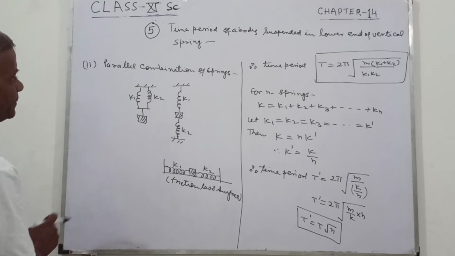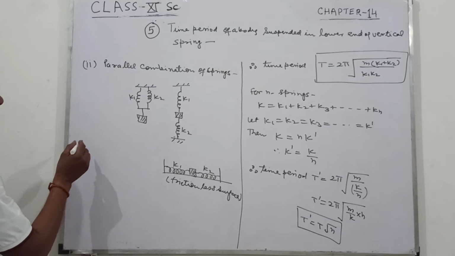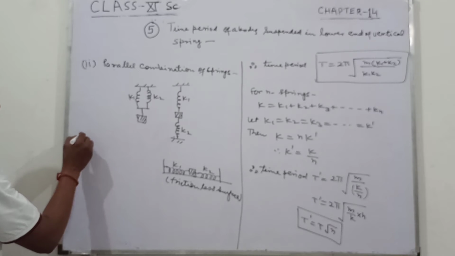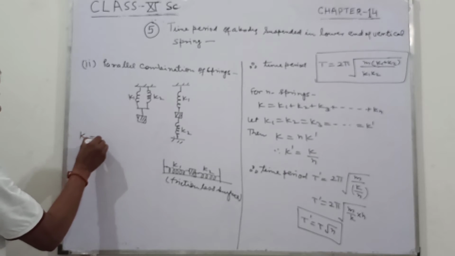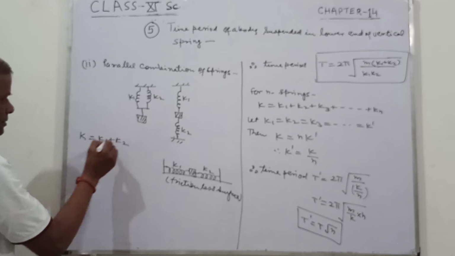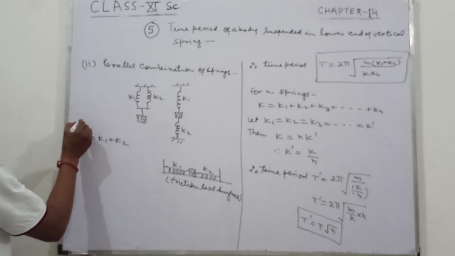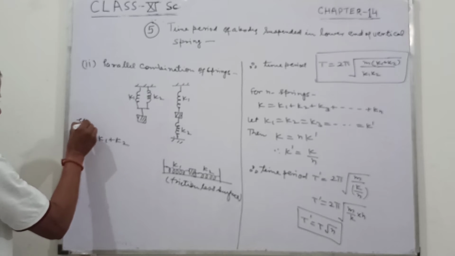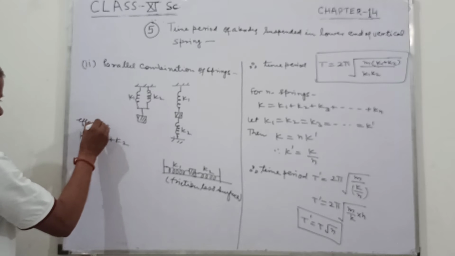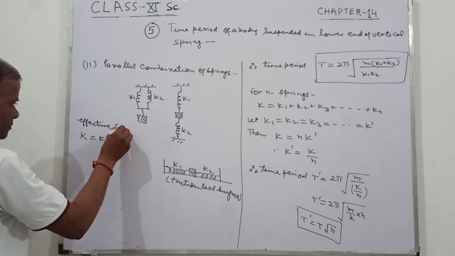Then all these are the parallel combination of the springs. So in case of parallel combination, we have K equal to K1 plus K2. This is the effective K, the effective force constant.